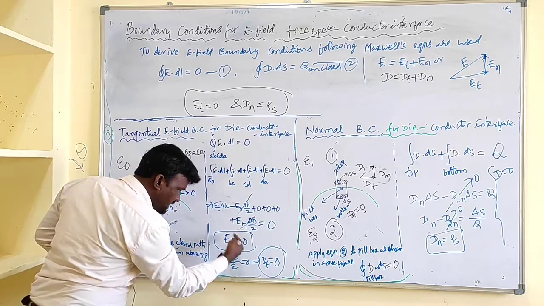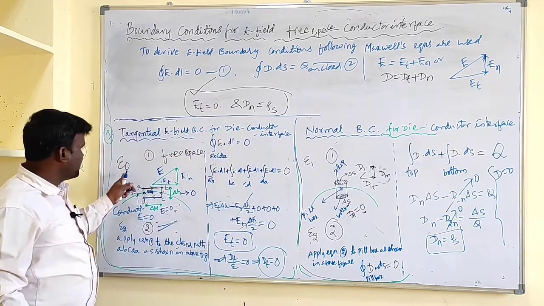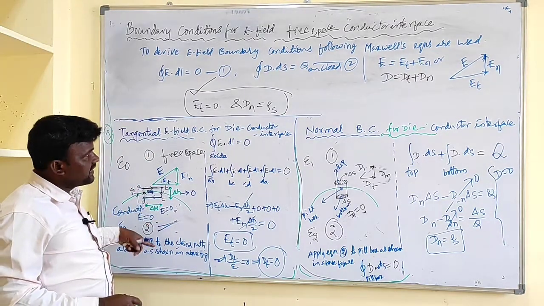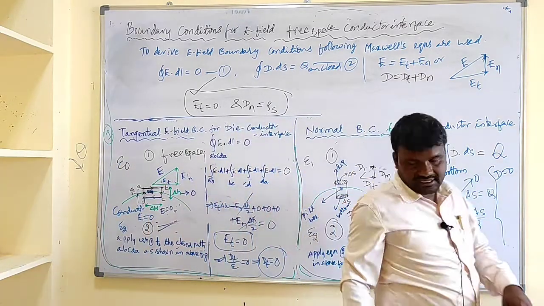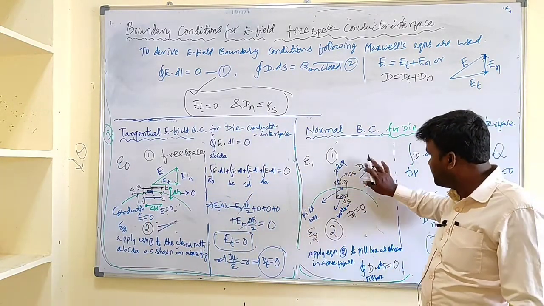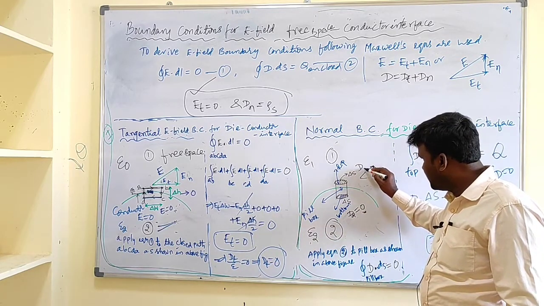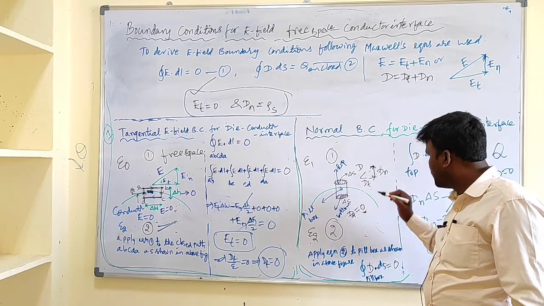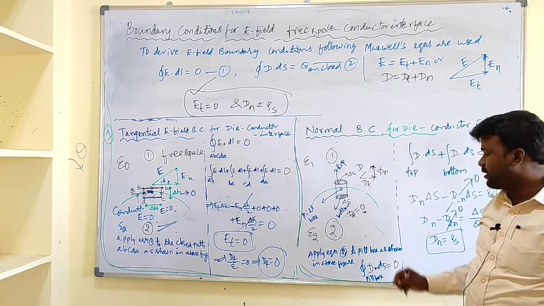And Et is 0 in this case too, since the second medium is a conductor, so Et equal to 0. Coming to the normal boundary conditions, as we have only one component, instead of D1 it is Dt, and this one is Dn. Now apply equation 2 to the field box to derive the normal boundary conditions.